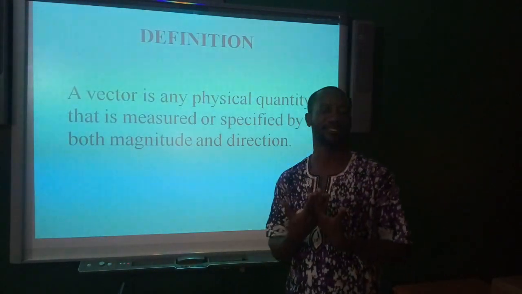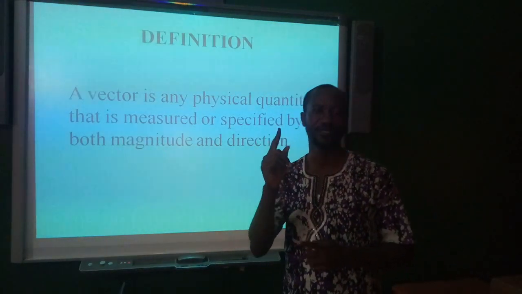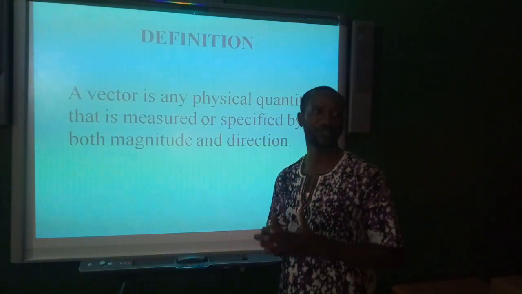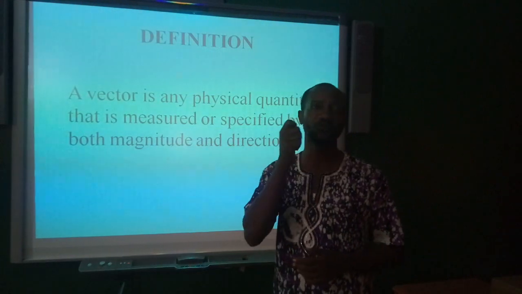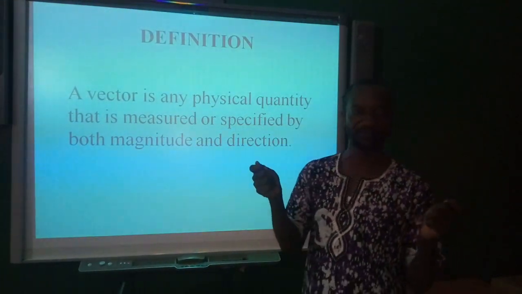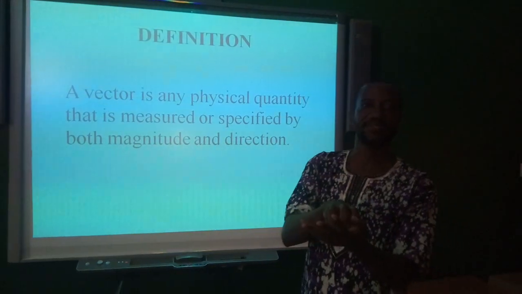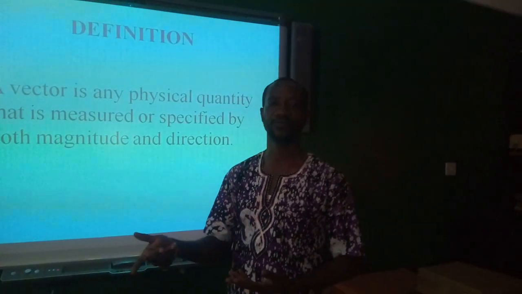Of these quantities, there are some of them that you need just one number to measure. For example, to measure the temperature of a person, you need a thermometer. That will give you the magnitude, or the size, of that thing. So to measure temperature, you need only the size, which we call magnitude.